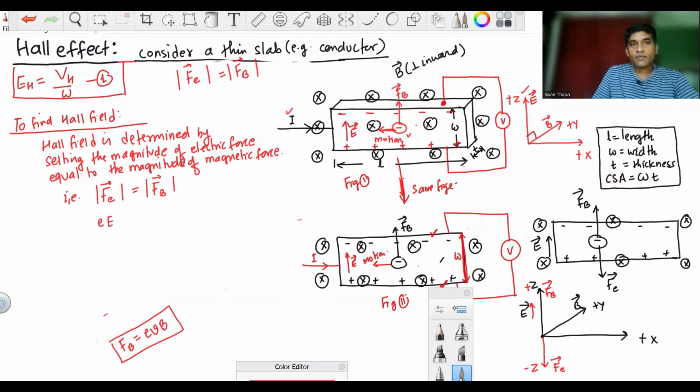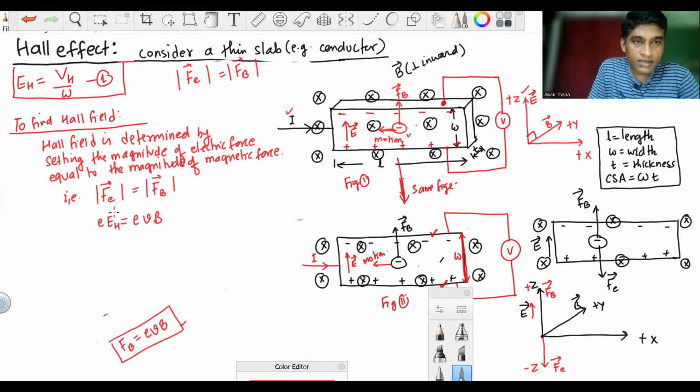We know electric force equals this, and magnetic force is given by this expression, E V B. Now we are using the symbol EH, because we are using Hall field.